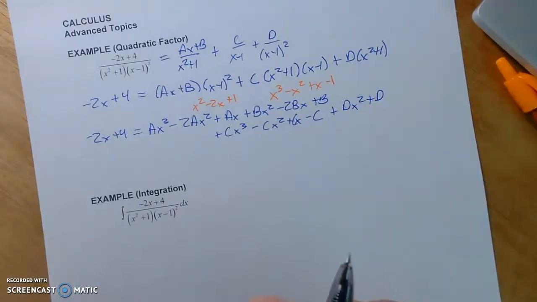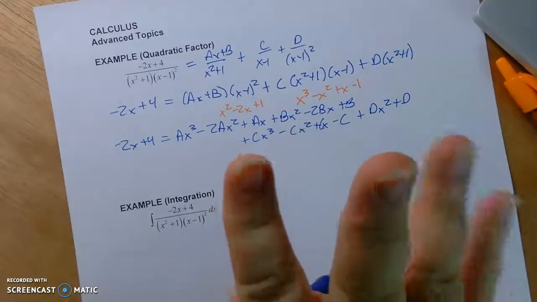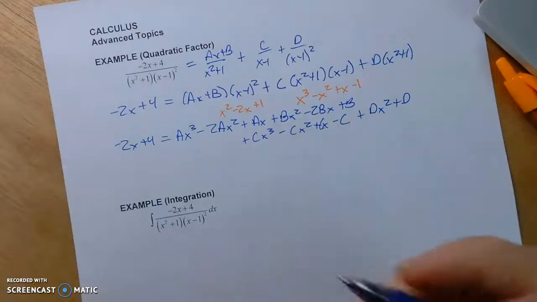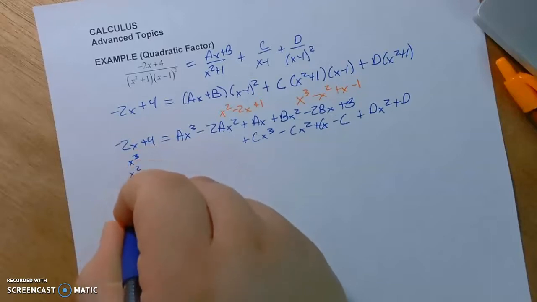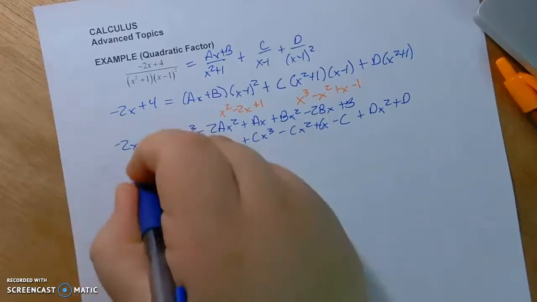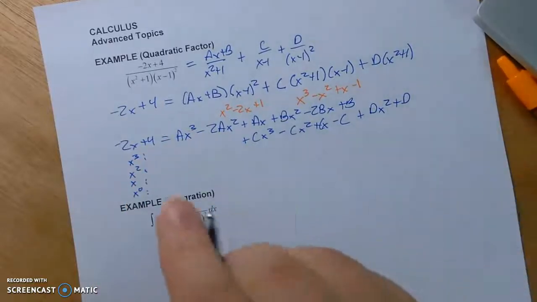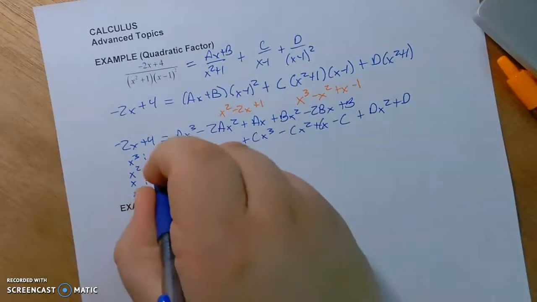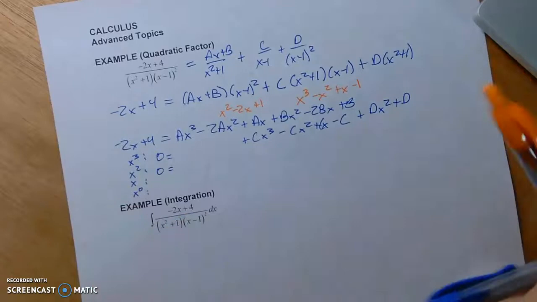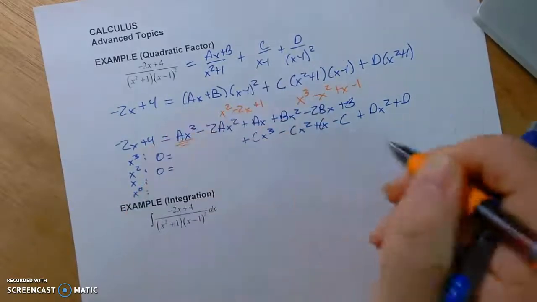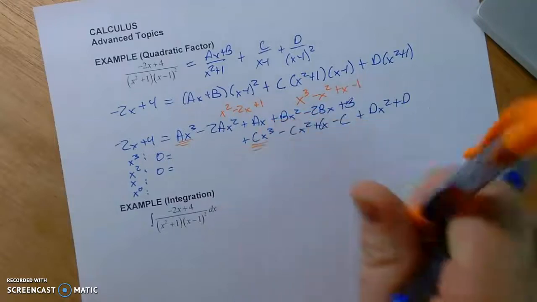Whew, that's a lot. So we've got four unknowns, so we need 4 equations. We'll start with x cubed, x squared, x, and our constants. So we'll set up these equations. On the left, we have 0 for both the cubed and the quadratic. On the right, we have a cubed here and a cubed here.